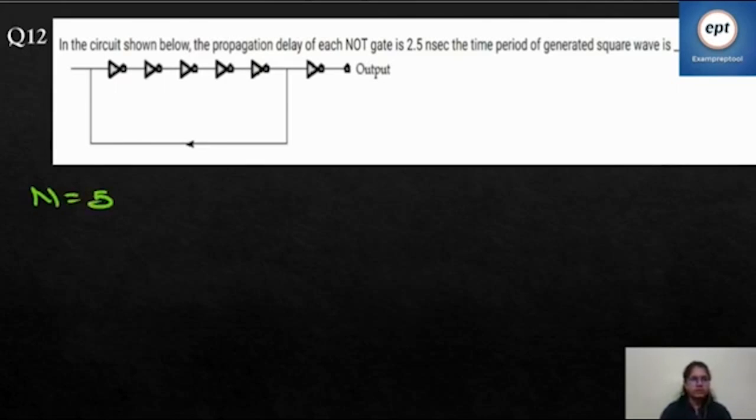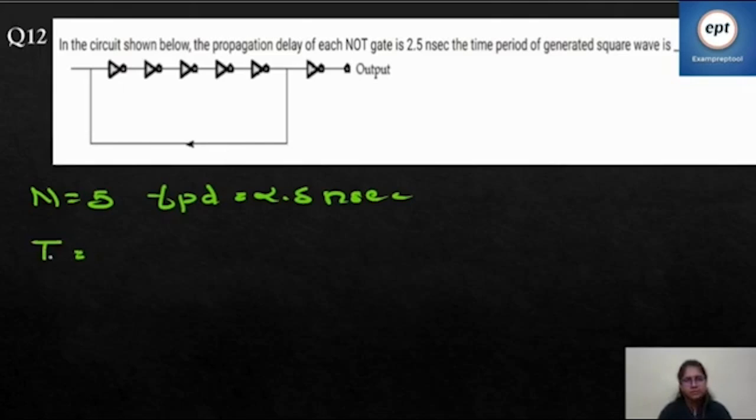Now they have given the propagation delay time, TPD, which is 2.5 nanoseconds. They have asked us for the time period of the generated square wave. The time period we will denote as T. What is the time period formula? It is 2n TPD.